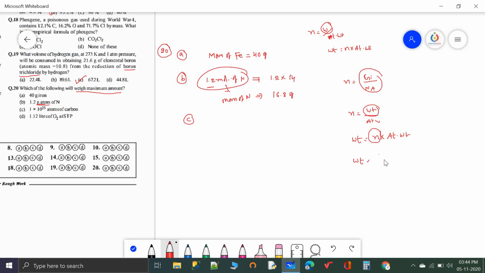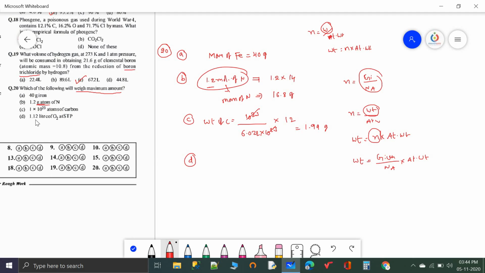So it equals given number divided by the Avogadro number into atomic weight. So straight away use this formula. Weight of carbon equals given number 10 power 23 divided by Avogadro number 6.022 into 10 power 23, into atomic mass 12. So it cancels out, and it approximately goes to 1.99 grams.